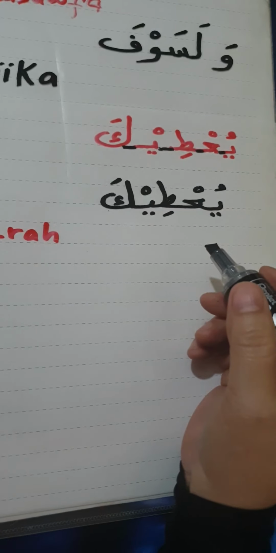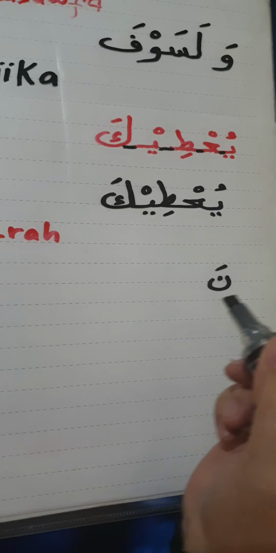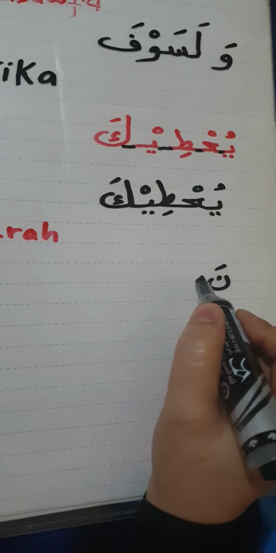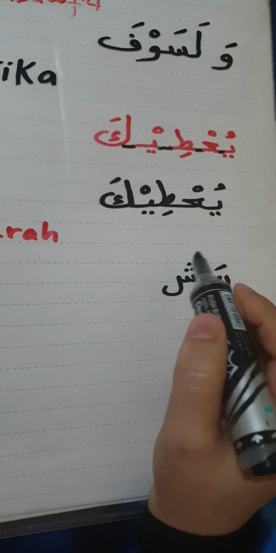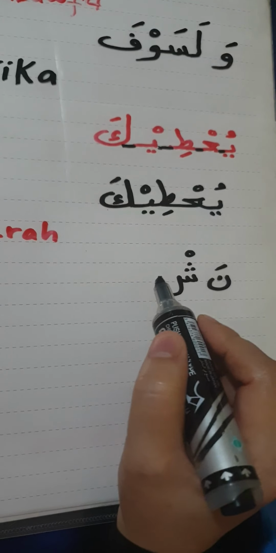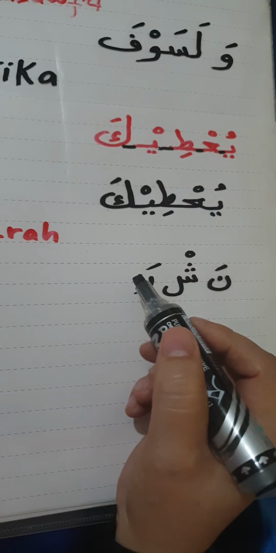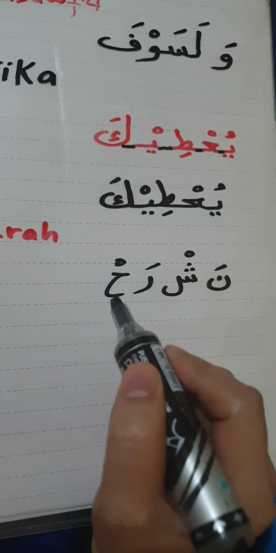So like this, the noon in the isolated form, and it has a fatha, and then followed by the sheen, nash, the sheen with a sukoon, and then you have the ra with a fatha, and then the ha with a sukoon.